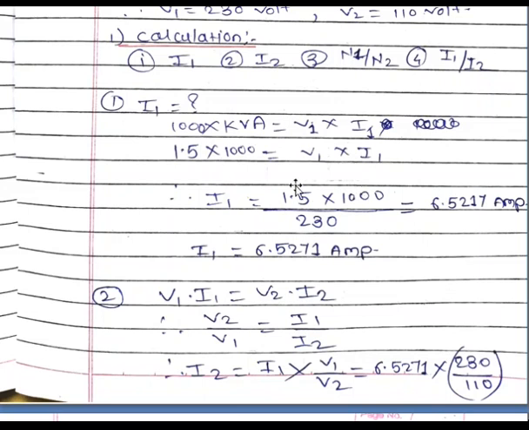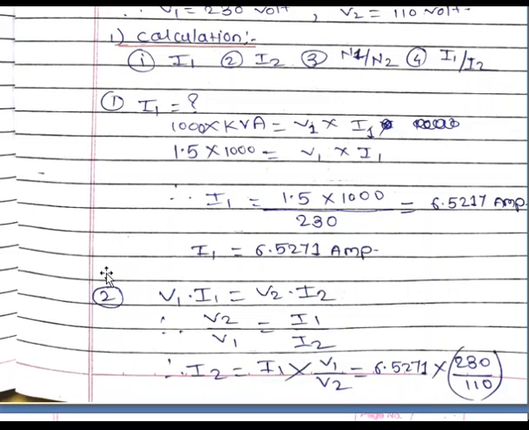Therefore now the equation is I1 is equal to 1.5 into 1000 divided by 230 volt. The answer of this calculation is 6.5217 ampere. The answer of current I1 is equal to 6.5217 ampere.